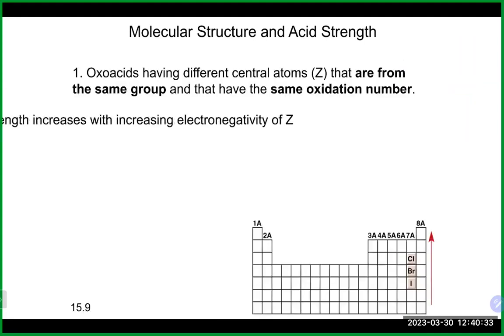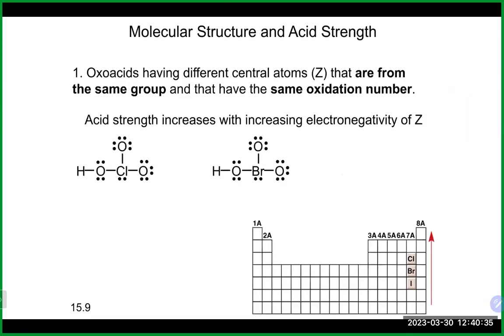So let's take a look at a couple of those situations. We have two acids here, oxyacids with a different central atom but the same oxidation number. To assign oxidation numbers, oxygen in most cases is -2, so this oxygen would be -2, this oxygen would be -2, and this oxygen would be -2. Hydrogen in most cases has an oxidation state of +1.